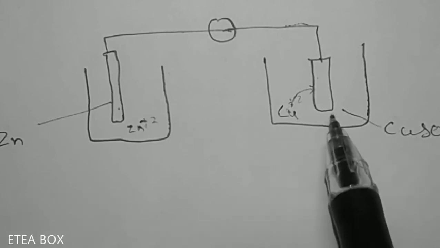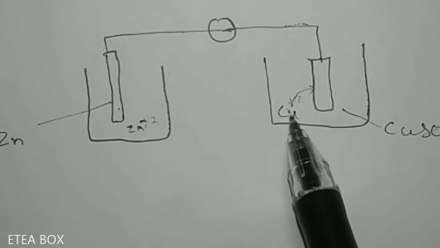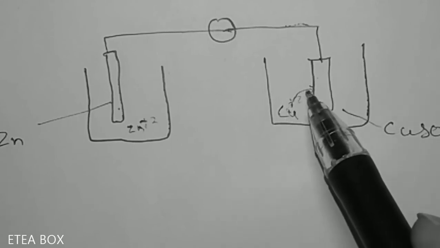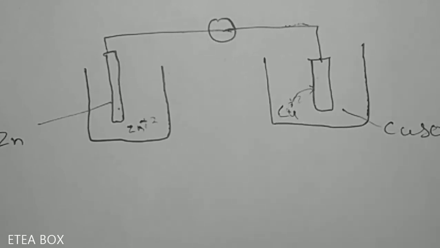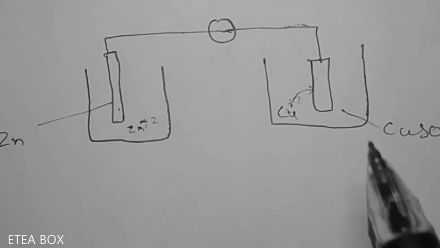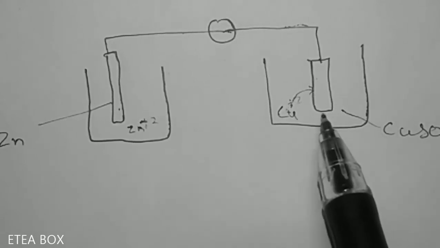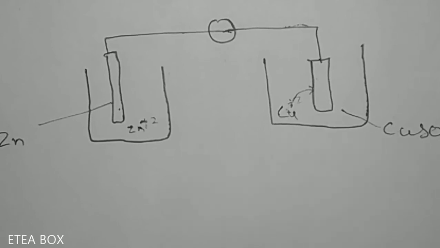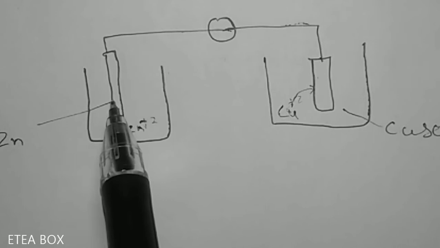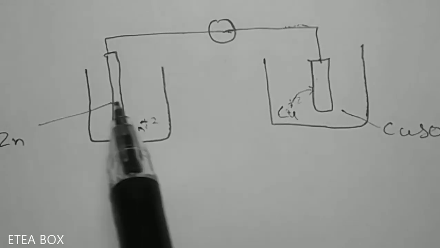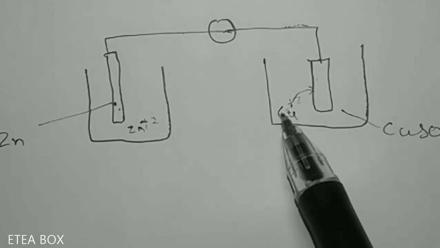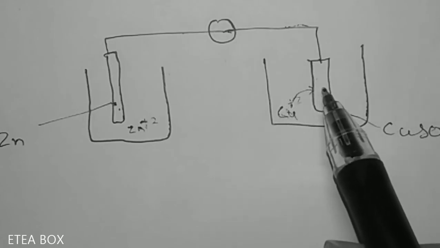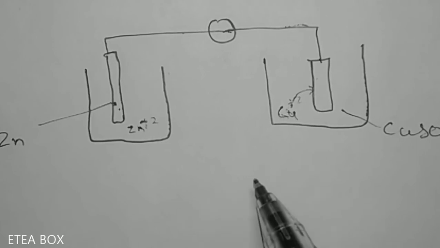Then if the copper ions are greater in the solution, these copper ions will be deposited on the cathode. If the electrons are in greater amount, then the copper ions will be deposited in greater amount. The electrons depend upon the size of the anode, and the deposition depends on the copper ions: if the copper ions are in greater amount, they will gain those electrons and be deposited on the cathode.